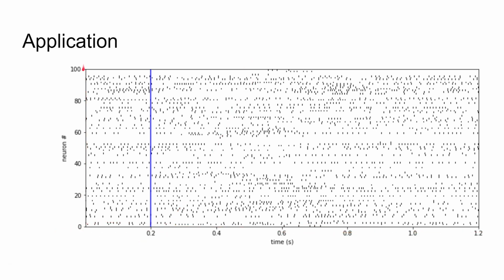What you're seeing are the outputs from 100 neurons. In simulation, and most of the time in biology, the output of a neuron is normally nothing at all, and then every now and then the neuron emits a spike. So this neuron up here, neuron 100, did nothing, nothing, nothing, and then emitted a spike at this point, and this point, and this point in time, and then it was quiet.